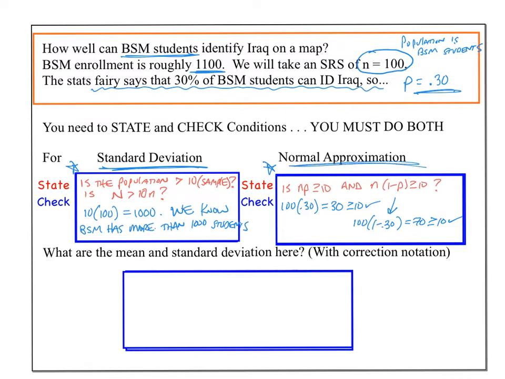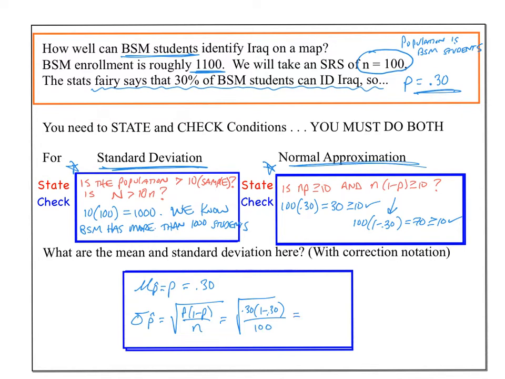So what are our mean and standard deviation? So the mean of p hat is equal to p, and we were told that p is 0.30. The standard deviation of p hat is equal to the square root of p times 1 minus p over n. And again, p is 0.30 times 1 minus 0.30 all over our sample size of 100.